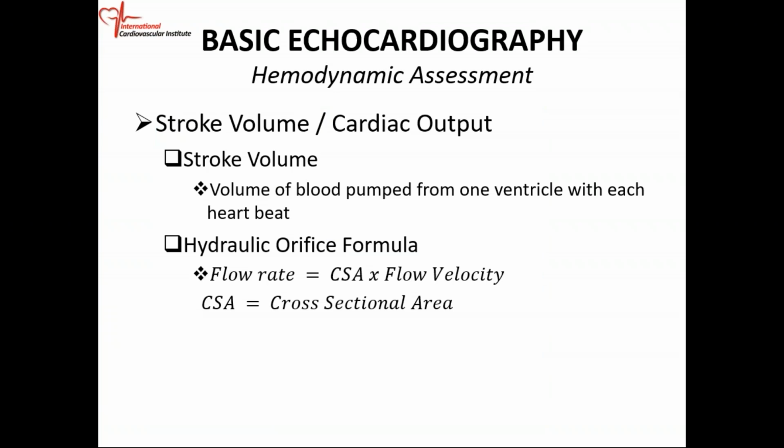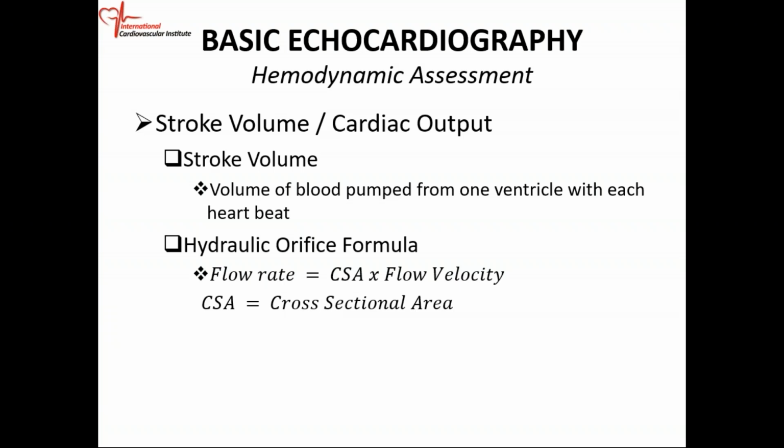All right, so stroke volume. The definition for stroke volume is the volume of blood that the LV or the RV pumps out per beat. So in diastole, let's look at the left side.